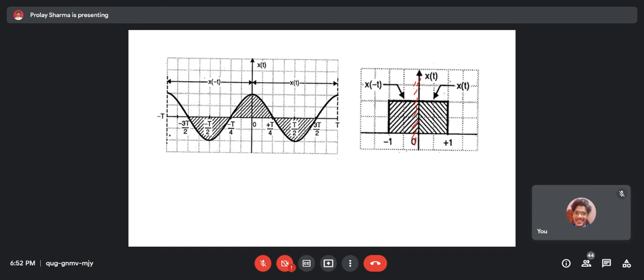If we place a mirror on the axis, whatever this part is will be symmetric with respect to this mirror. So this is called an even signal. And here also for this signal, if we place a mirror, then the reflection is symmetric with this part. This portion and this portion are symmetric with respect to the axis. So this is called an even signal.